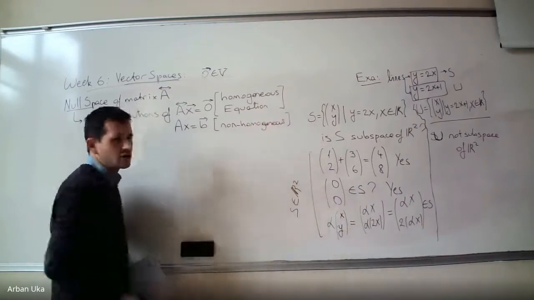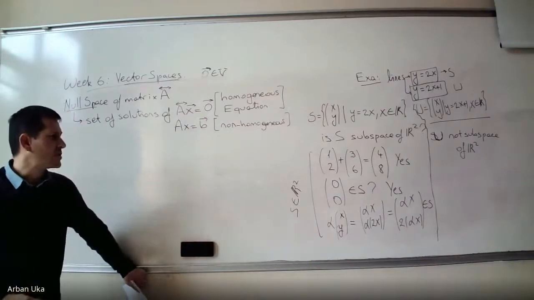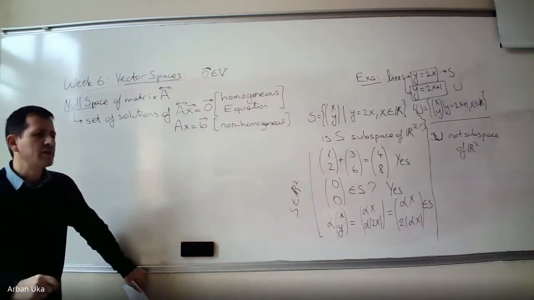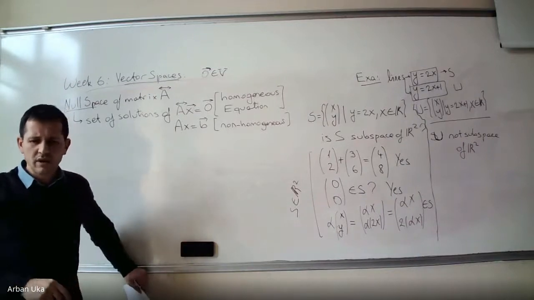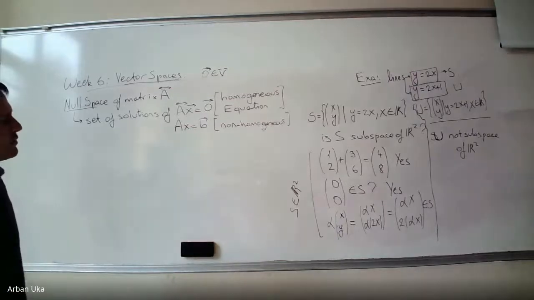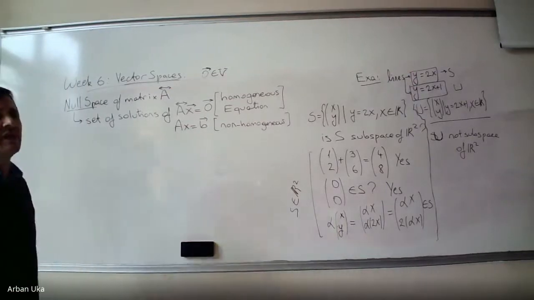And this terminology of homogeneous and non-homogeneous, you can see also in differential equations. So you might see this later, you might say, oh, okay, linear algebra uses a similar definition when it comes to determining whether a system is homogeneous or not.